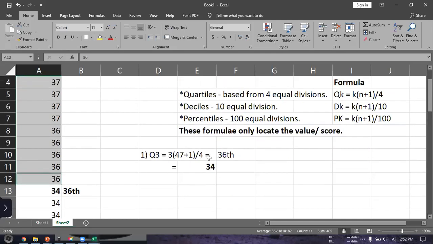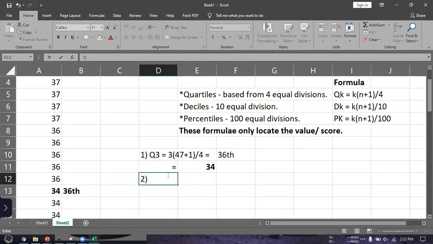Now, this is easy, no? Since we got an exact value. Now, what if we have a different value, a point something, from your location? The first quartile would give us the same kind of example since 48 over 4 is just 12. So the 12th item is our first quartile. Let's try to solve one for decile.